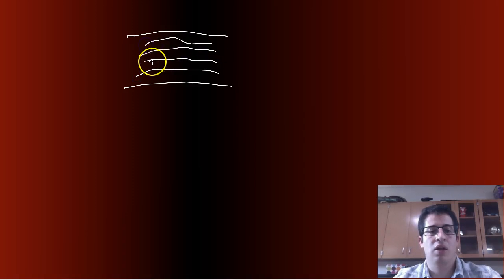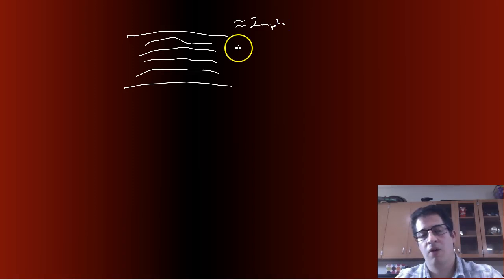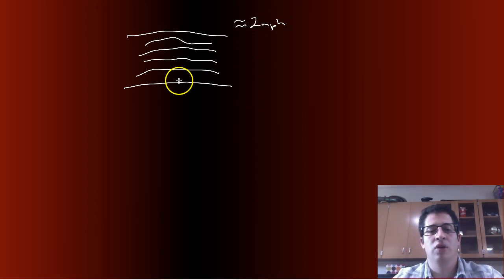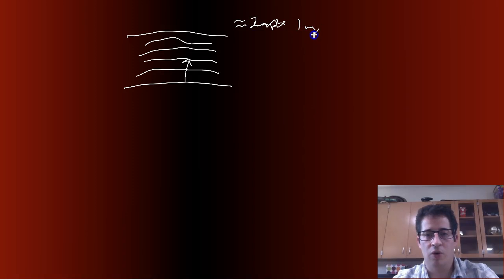Let's say they can swim about 2 miles per hour. I don't know if that's fast or not. Let's say that's how fast somebody swims. Actually, let's change this to 1 meter per second. So we're going 1 meter per second this way, across the river.